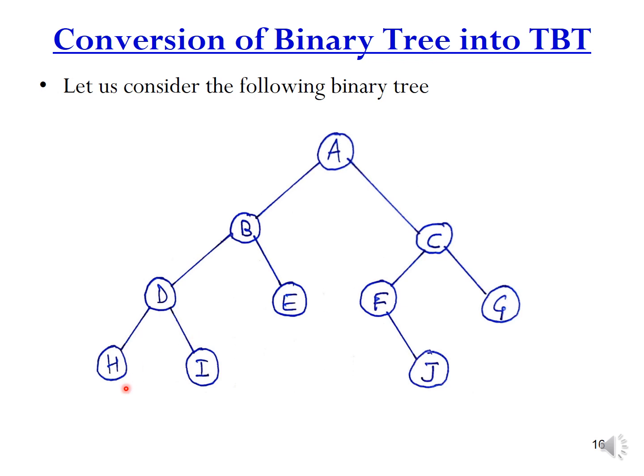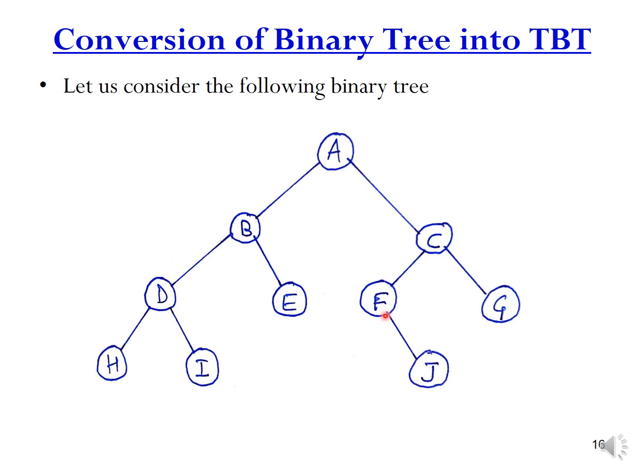But we have to look at those nodes which have null pointers, like this particular node H, which has a left null pointer and a right null pointer. I also has a left null pointer and a right null pointer. E also has a left null pointer and a right null pointer.